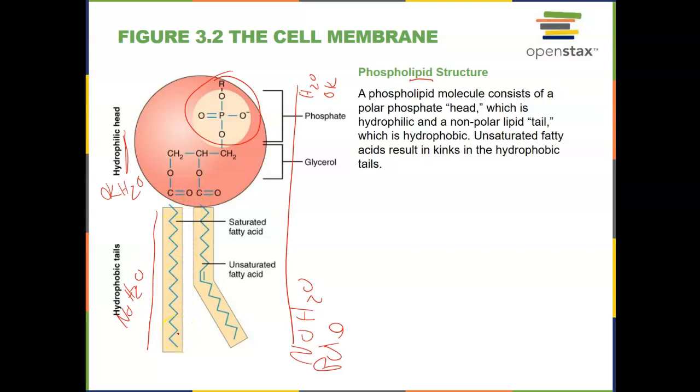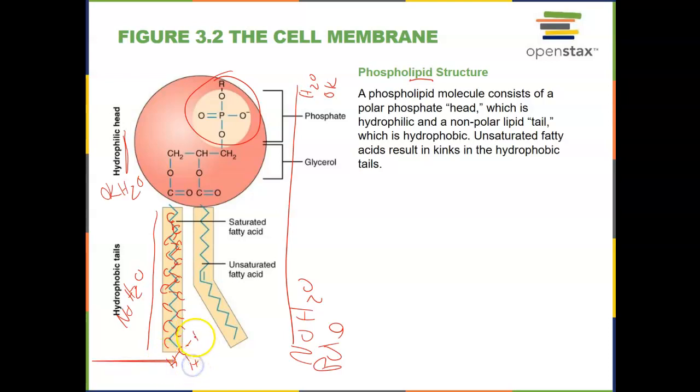Now, what are fatty acids? Fatty acids are chains of carbon bound to carbon, bound to carbon, bound to carbon. Each one of these points is a carbon atom. What's interesting about this structure, the way I'm going to draw it, is that carbons are able to bond to 4 other atoms.